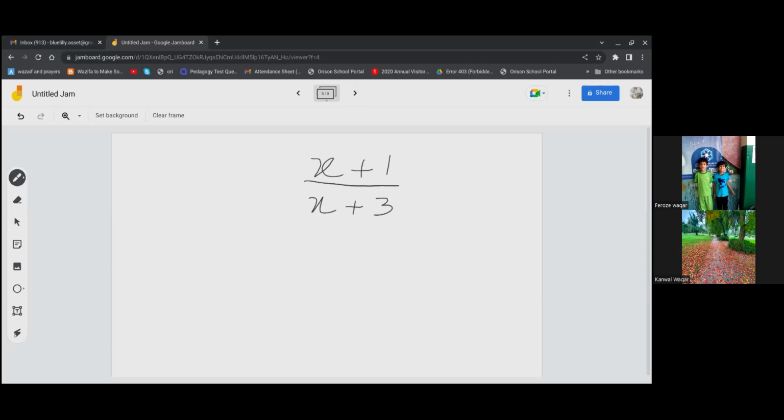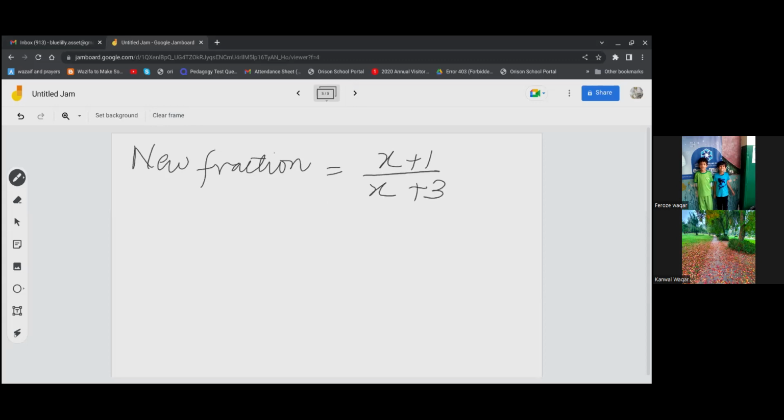So the new fraction is x plus 1 over x plus 3.